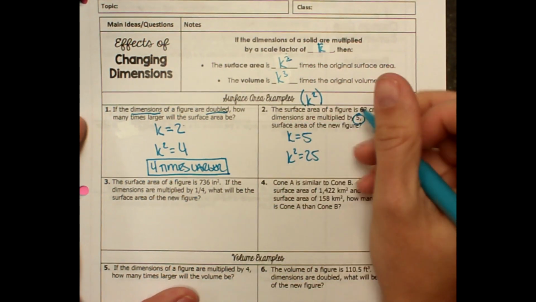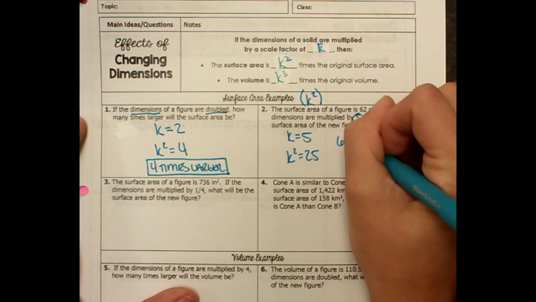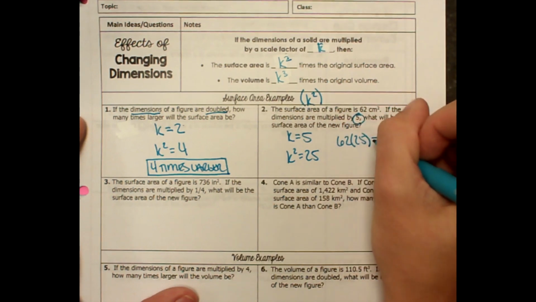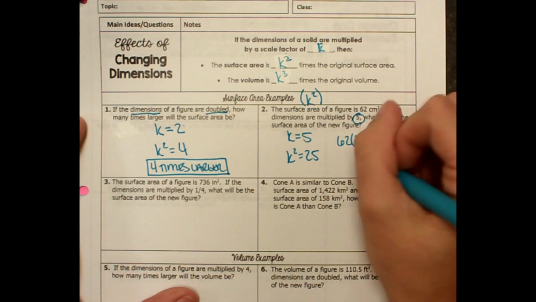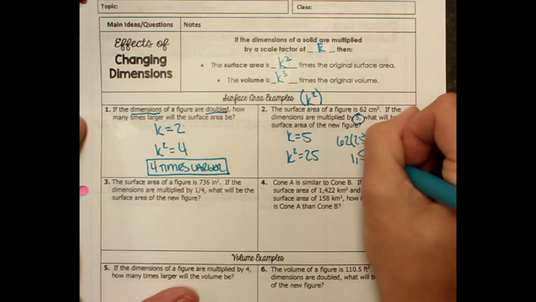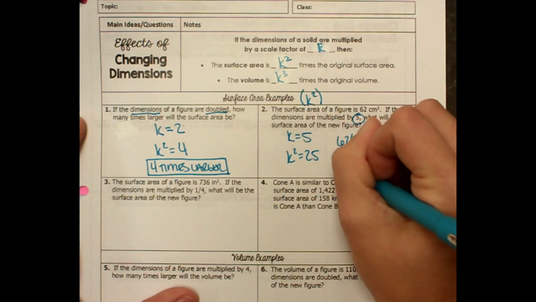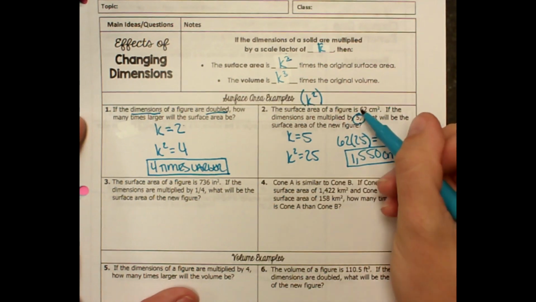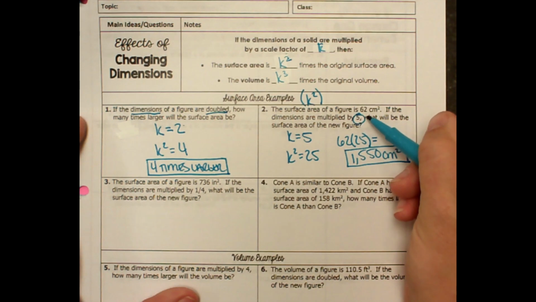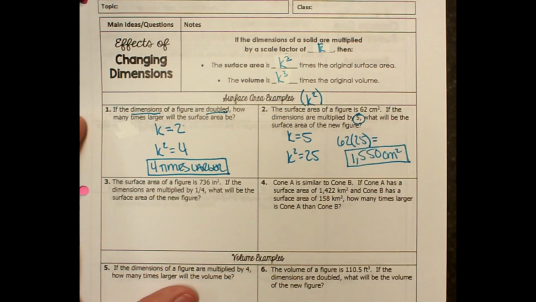That means our new surface area will be 62 times 25, which is 1,550 centimeters squared. We took our original surface area and multiplied it by our k squared.